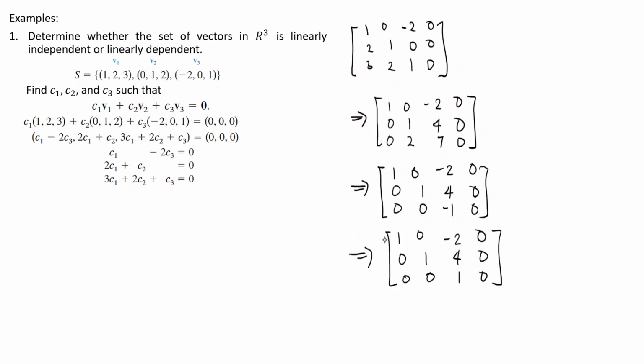This shows that the system has only the trivial solution because we have 1 here. So c sub 3 is equal to 0, and substituting that value here, we get c sub 1, c sub 2, c sub 3 equals 0. Since we have only the trivial solution, S is linearly independent.